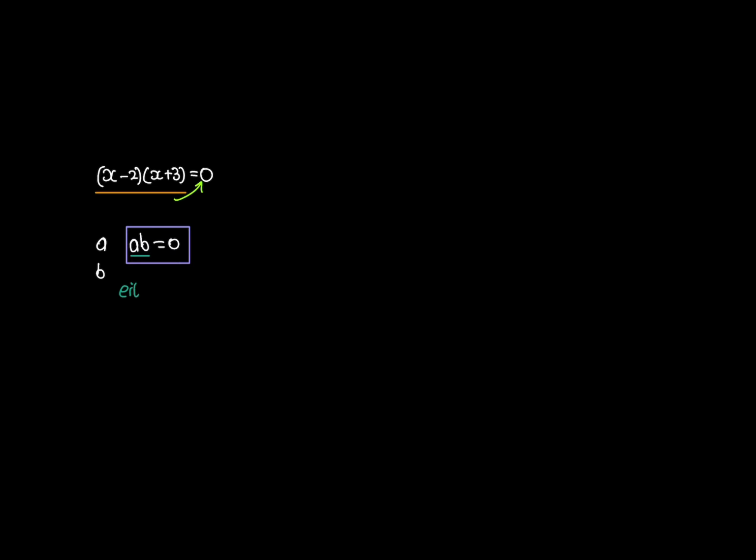So either A or B equals 0, or both A and B equal 0. I want to emphasize this. This is going to be very important because there is no number that when you multiply it with 0, you will get something other than 0. If you don't believe me, try it.